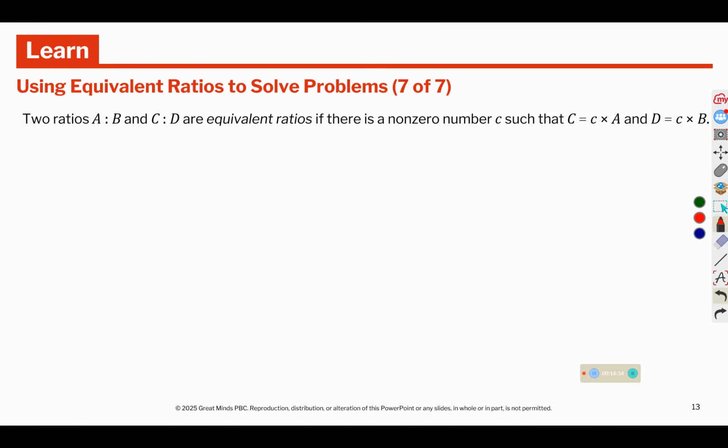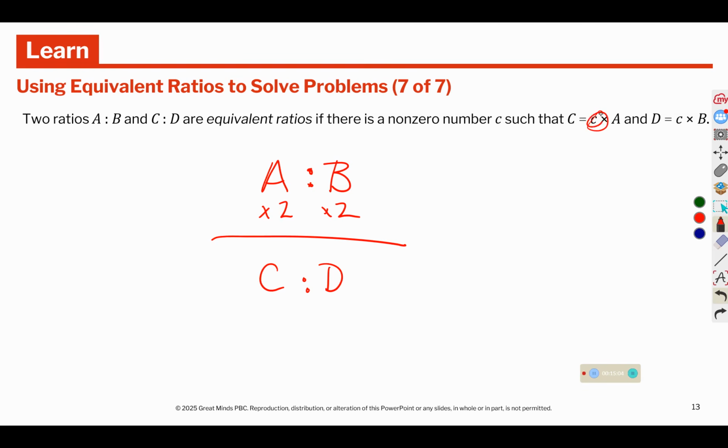It says 2 ratios, A to B and C to D, are equivalent ratios if there's a non-zero number c such that C is equal to c times A and D is equal to c times B. That's just a fancy way of saying that if I can take a ratio and multiply by the same amount to turn it into another ratio, then they are equivalent.